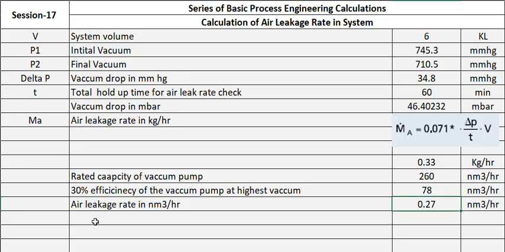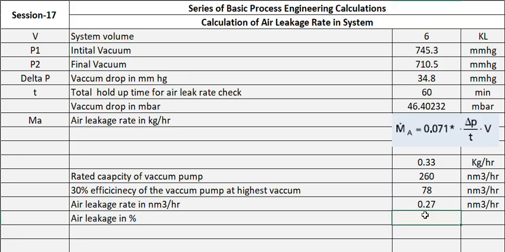Now we calculate the air leakage in percentage, how much percent of air leakage is happening across the system.